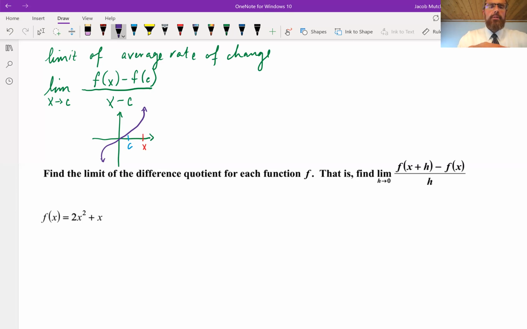But what we were claiming was, if I've got an x here, the value there on the y-axis is f of x. And then the value when I trace c over to the y-axis is f at c. Let me slightly adjust this so we have more of a curve there.